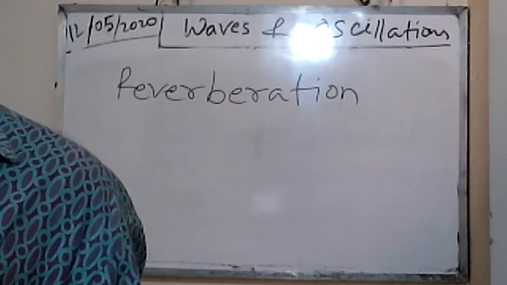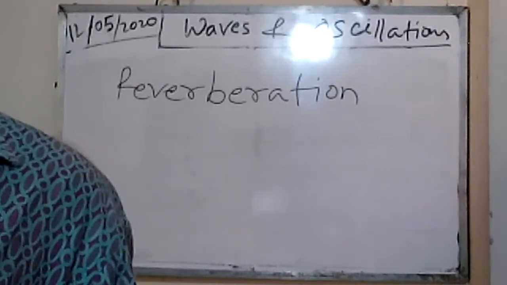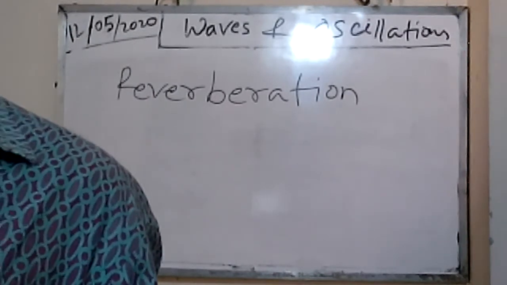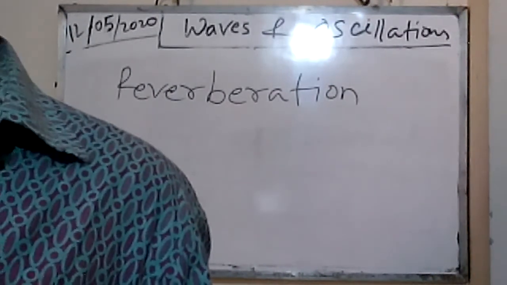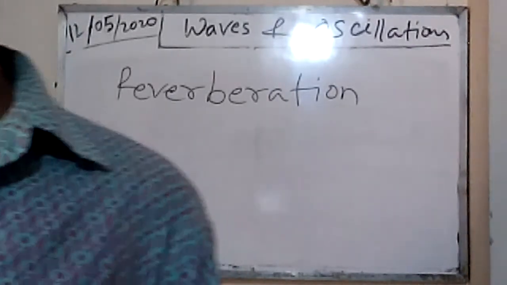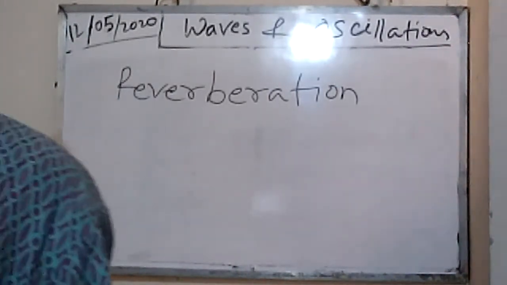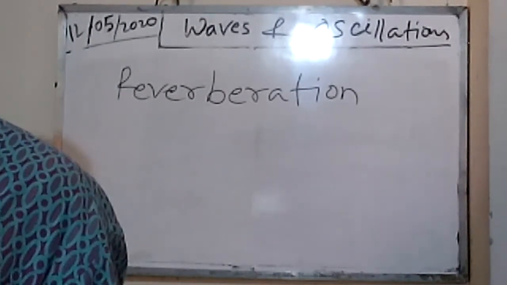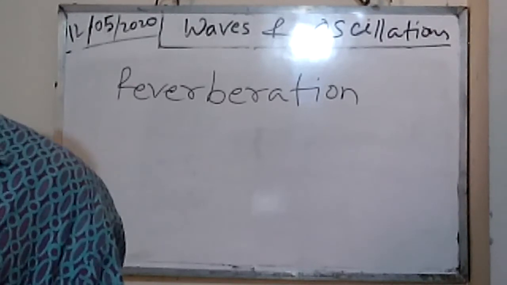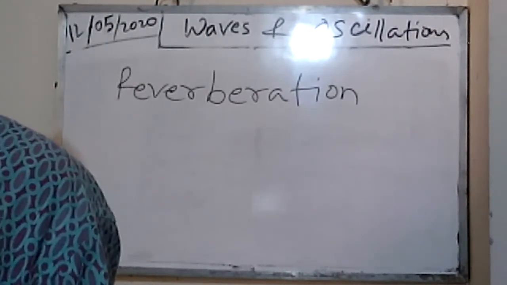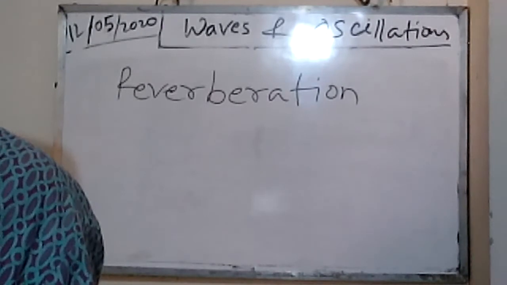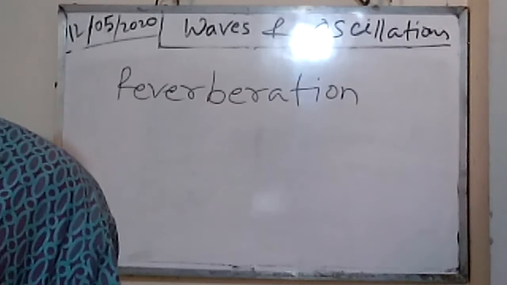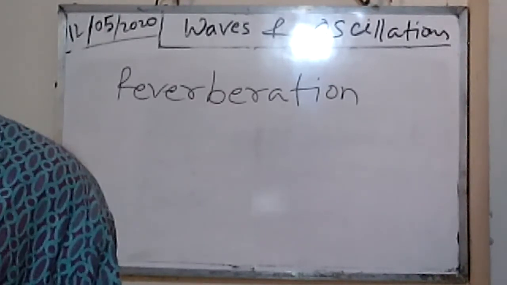And 4-inch brick reflects 98% and absorbs only 2%, so the absorption coefficient is 2 by 100, 0.02. So you have to know the explanation of this absorption coefficient table.